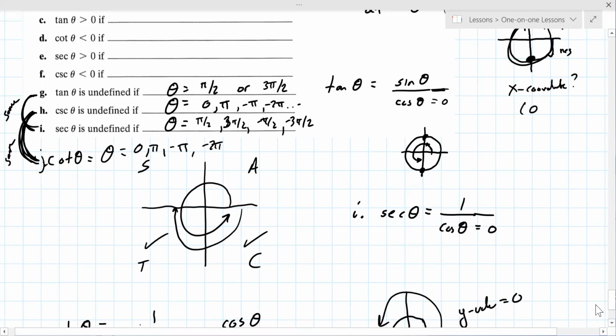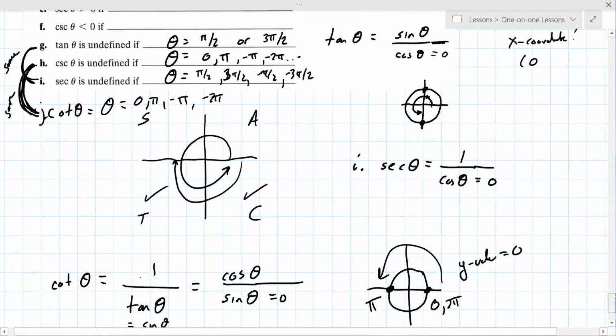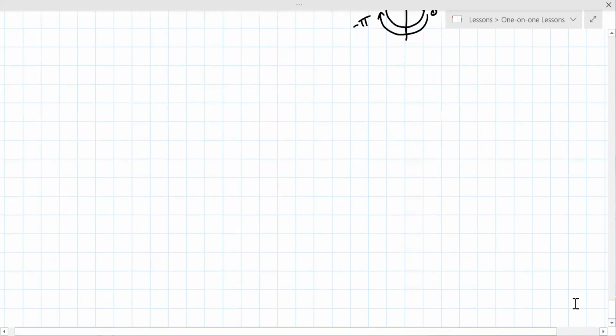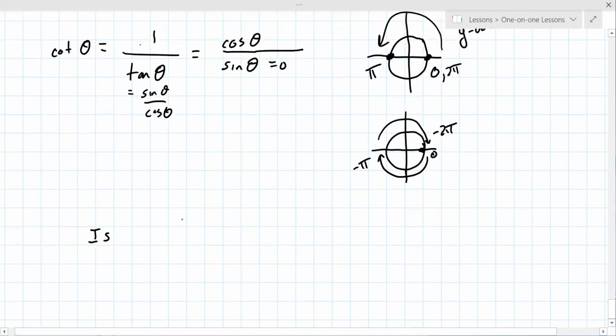For example, your instructor could ask you a question like this: is cosecant of theta undefined at minus 17 pi? True or false?